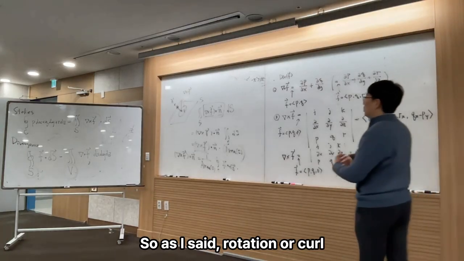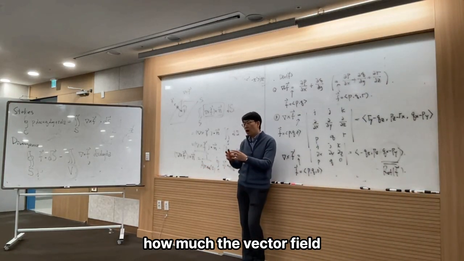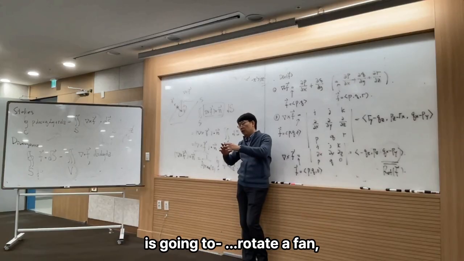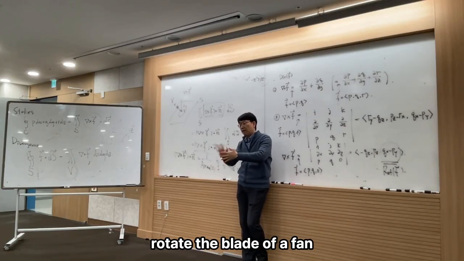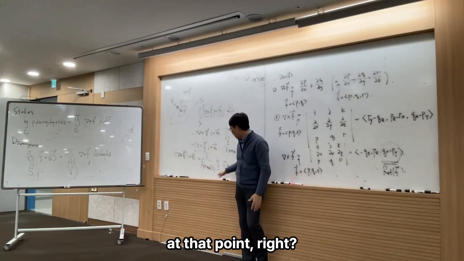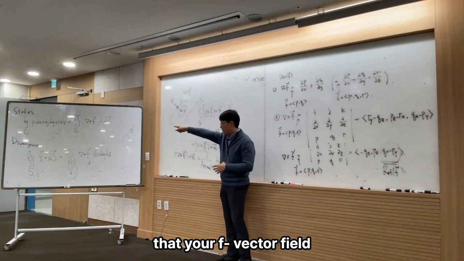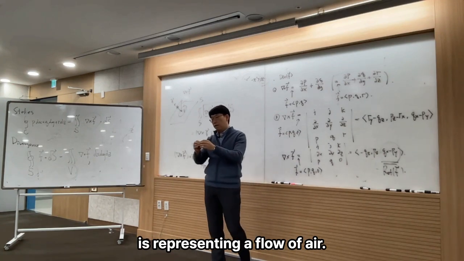As I said, the rotation or curl of a two-dimensional vector field gives you how much the vector field is going to rotate the blade of a fan if you put your fan at that point, right? So let's think about the situation where your vector field is representing a flow of air.